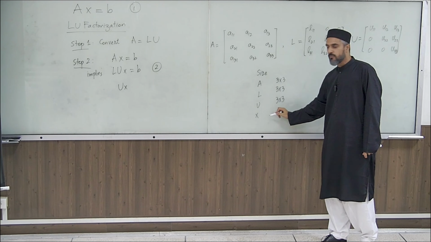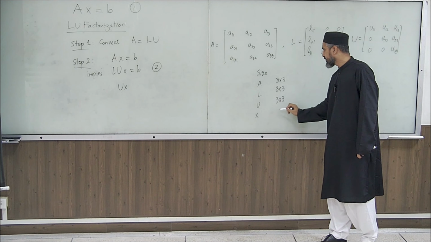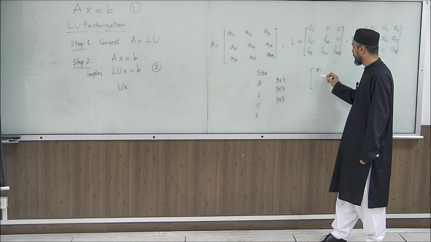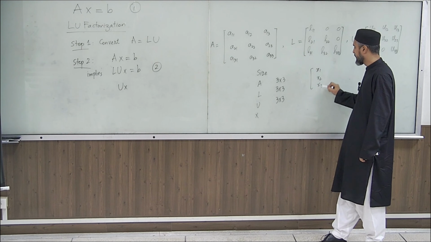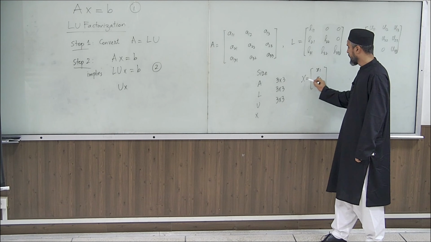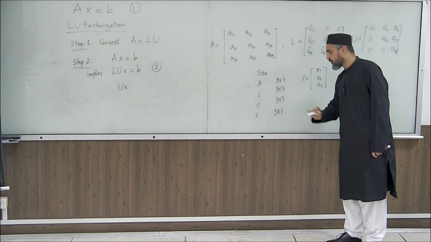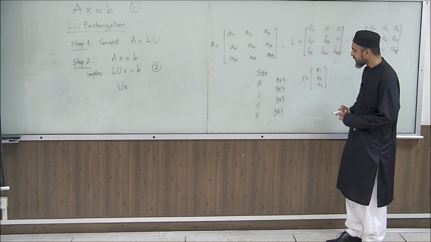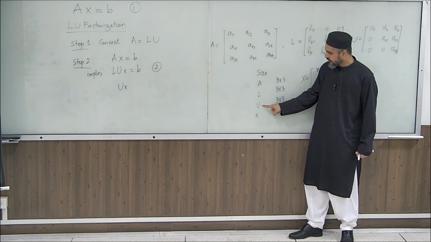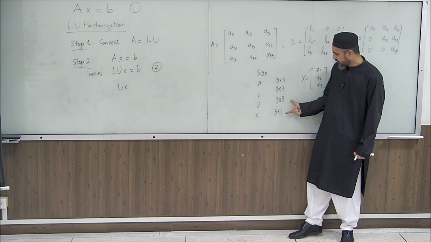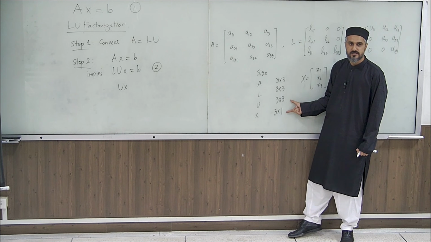So the unknown vector will be like this: x1, x2, and x3. So it will have three rows and one column. So it will be 3 cross 1. Okay. Now if I multiply U into x, the product will be of what size? 3 cross 1. Okay.